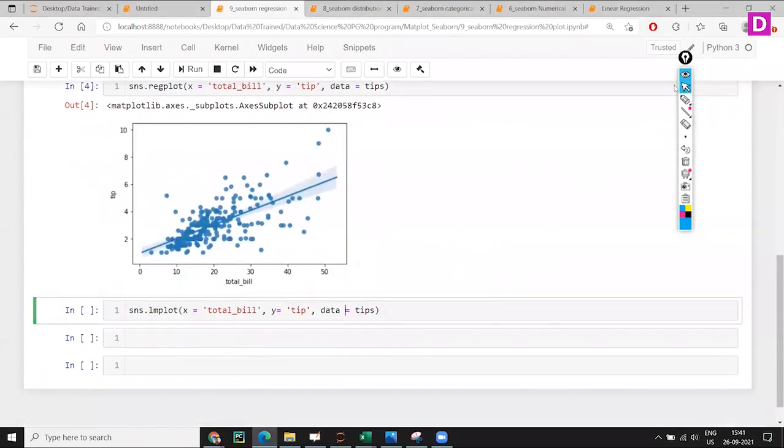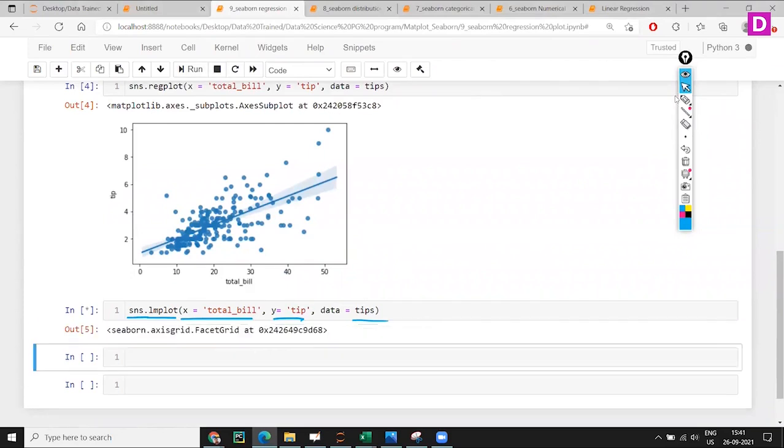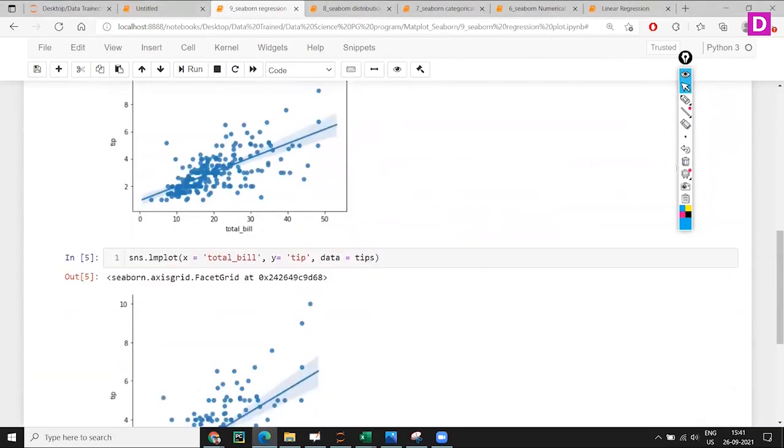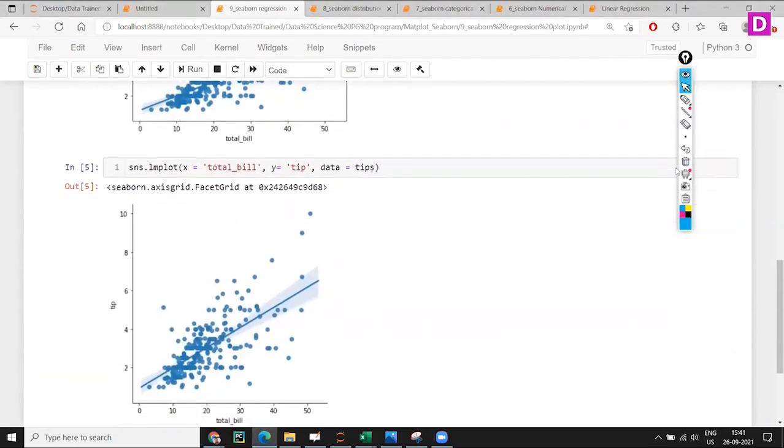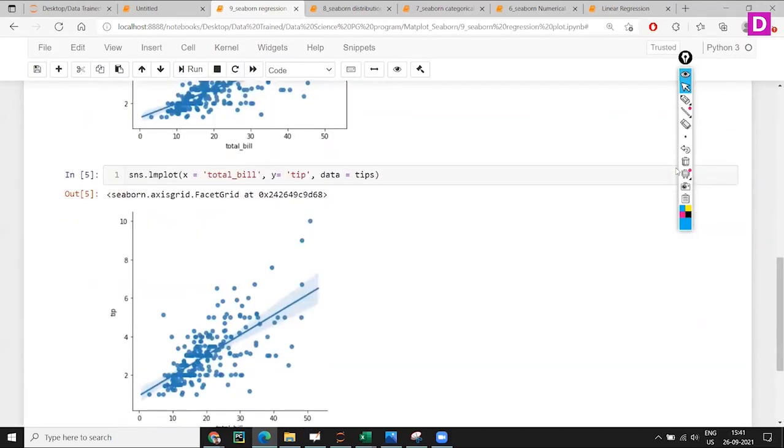Now LM plot is exactly the same, with a very minor difference. So sns.lmplot, X data, Y data, and your data set. I don't see any difference here, right?